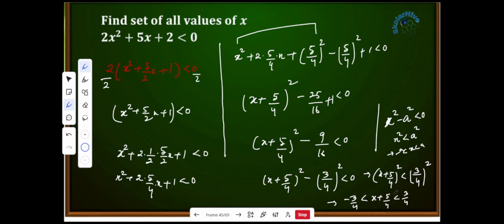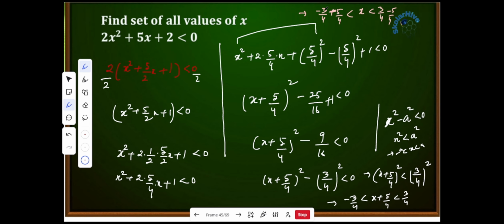Now we want the values of x, so we subtract 5 by 4 everywhere. In the middle this becomes x, on the left minus 3 by 4 minus 5 by 4, and on the right 3 by 4 minus 5 by 4.